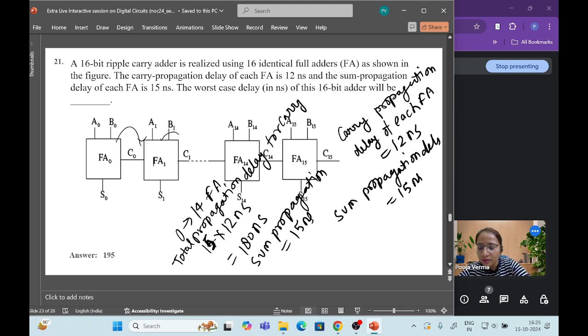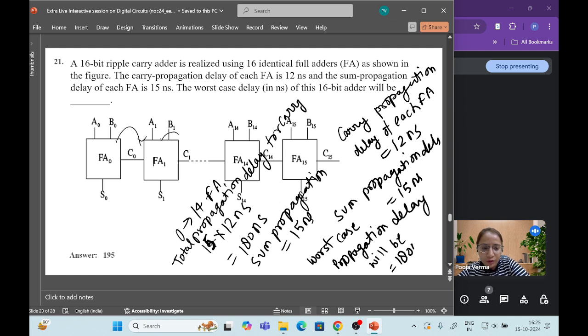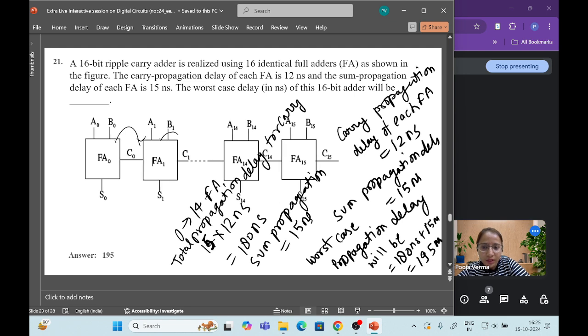So the worst case propagation delay will be 180 nanoseconds plus 15 nanoseconds, so 195 nanoseconds. So the worst case delay of this 16-bit adder will be 195 nanoseconds.